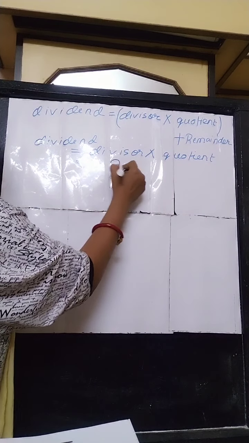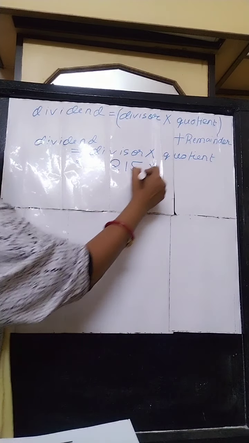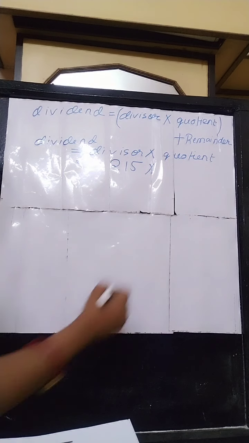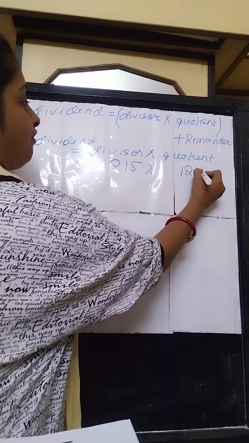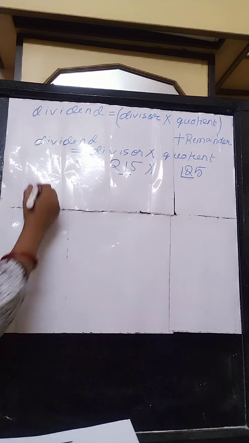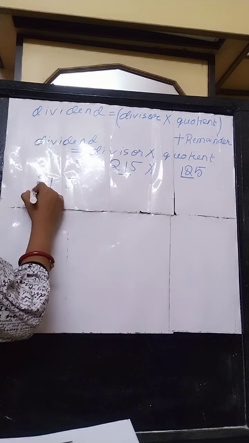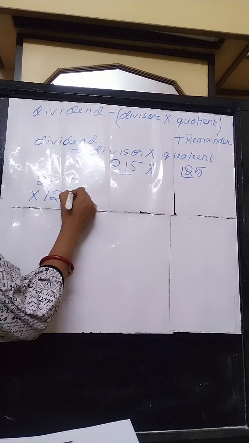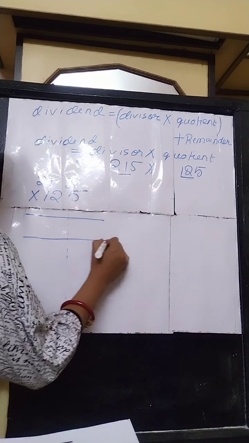Divisor is given 215 and quotient is given 125. In that case, you will simply multiply the divisor and the quotient to find out the dividend. So 215 into 125, you will multiply and show what the answer is.